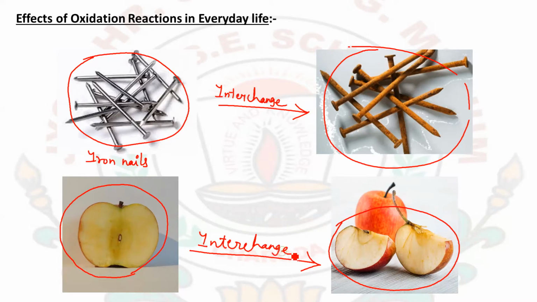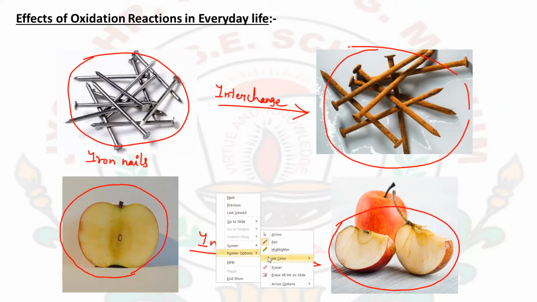Also, when you cut a potato, the freshly cut potato has a white colored inner skin, but when it is kept for some time, its inner skin becomes blackened. It becomes black in color. So what are all these observations which we are making here?